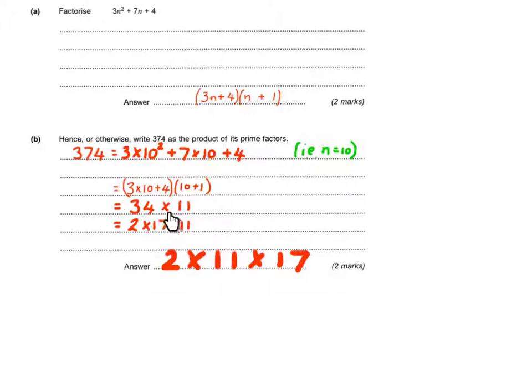So 374 is the same as 34 times 11, which, if you break that down further into prime numbers, 34 is 2 times 17, so 374 is 2 times 11 times 17. And that's breaking it down to its prime factors, because 2, 11 and 17 are prime numbers, so you can't break the number down any further.